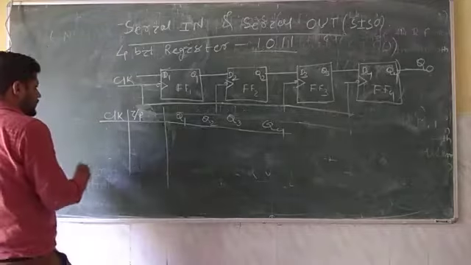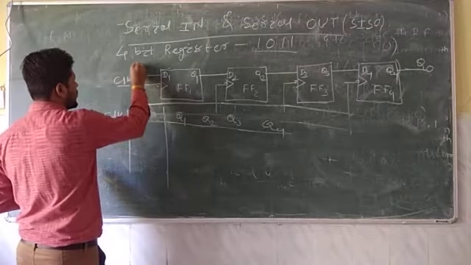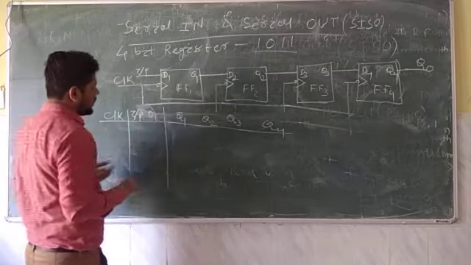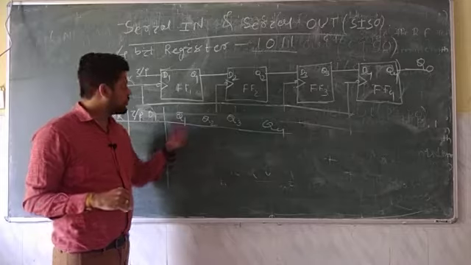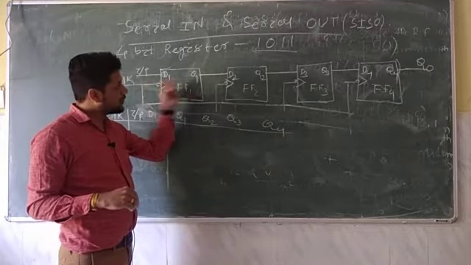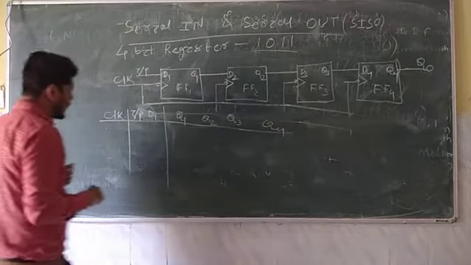Here you are applying input to D1, so D1 is connected to your input. From the characteristic table you know that whatever you apply to the input will appear at the output Q1 after some delay.